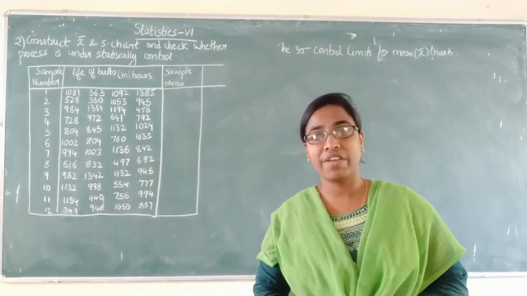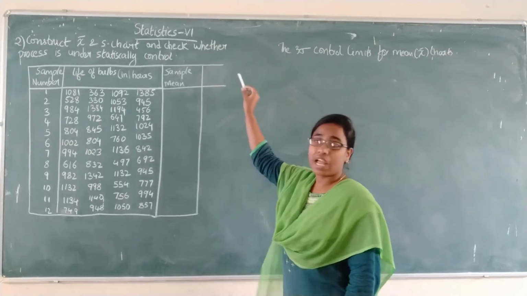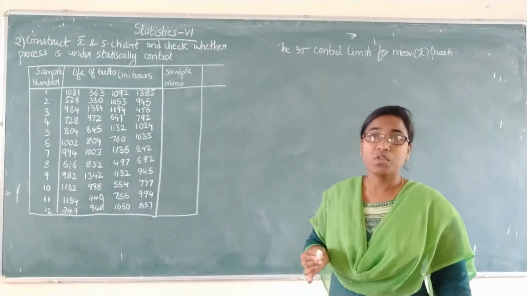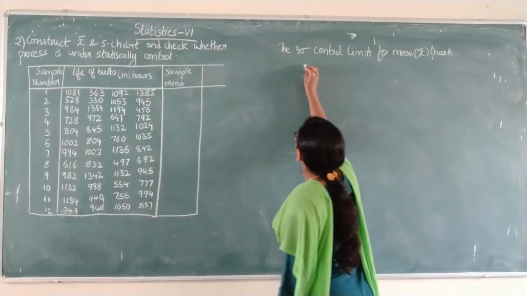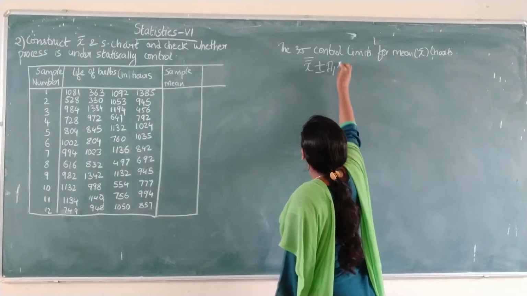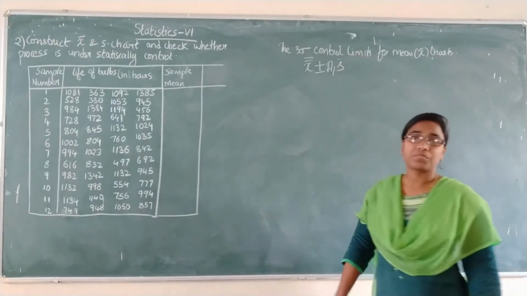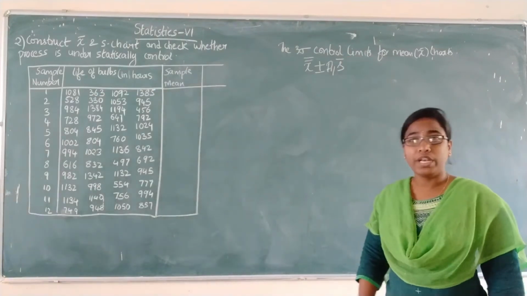If you are using range, you will get A2 R bar. Now, for the S chart, I will be calculating S values, so I will use the second method. That is X double bar plus or minus A1 S bar.